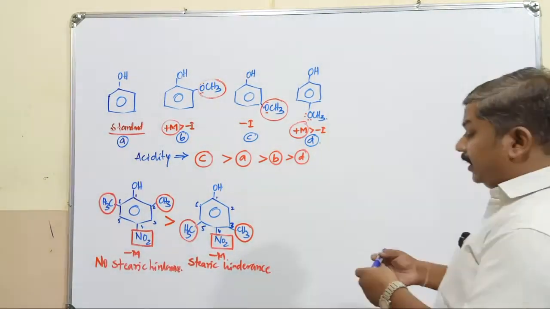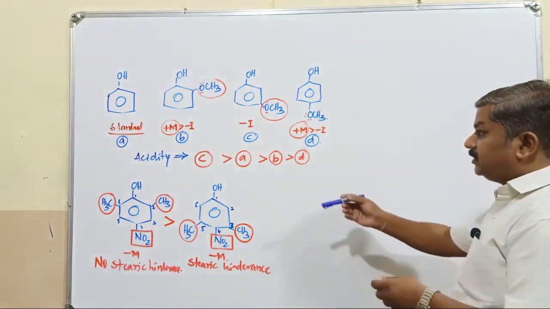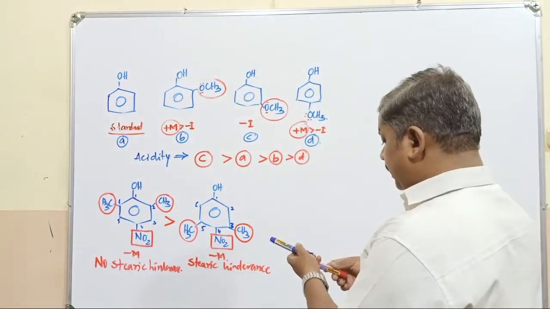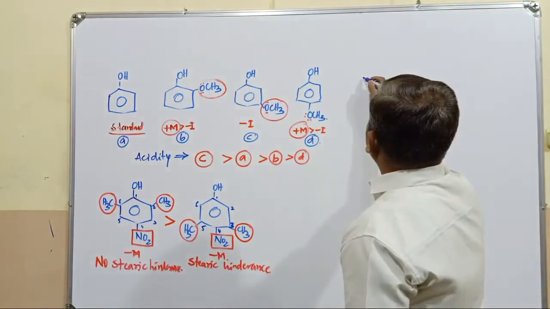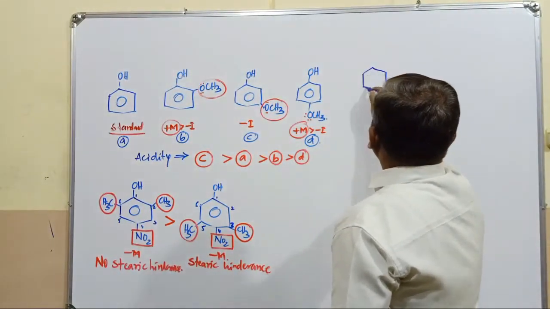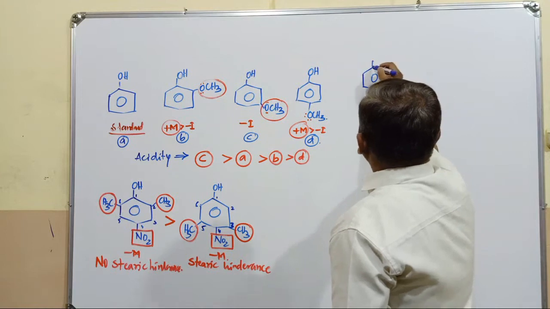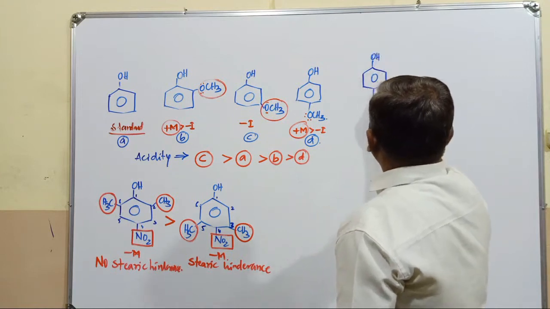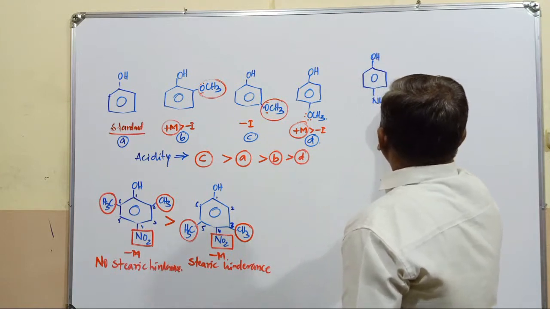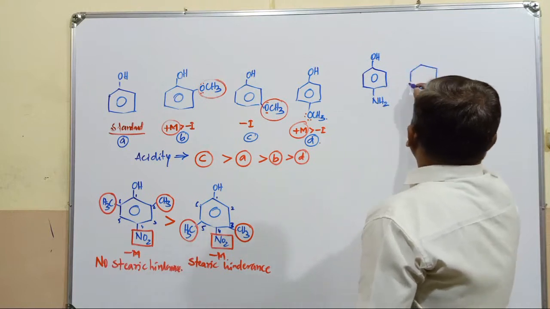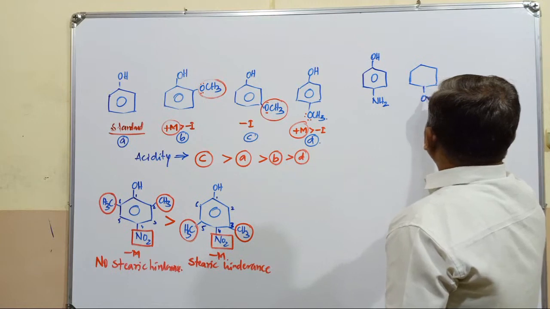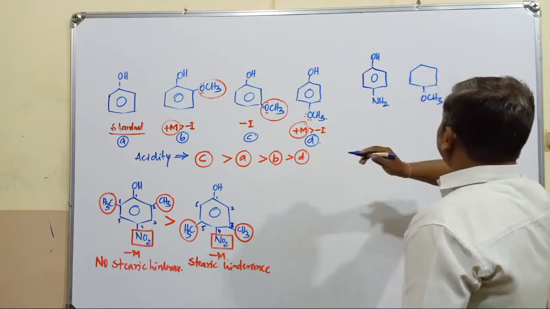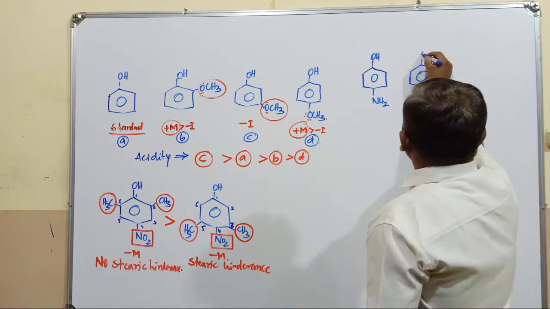Now another example, very similar to this case, as some of the students have expressed doubt about one compound. If you take the compound, OH is there, next one is NH2. I am explaining this particular case only because some of the students have raised doubt about this compound.